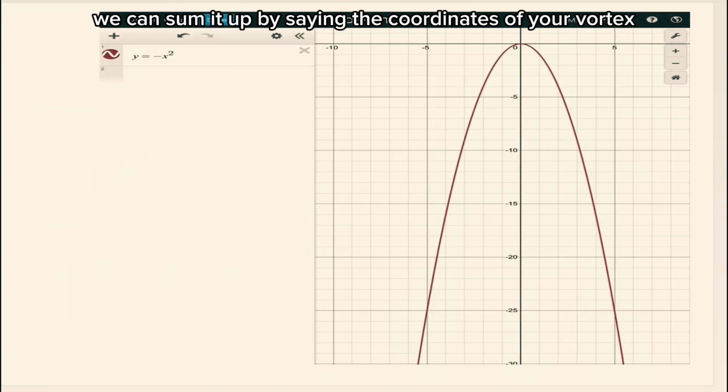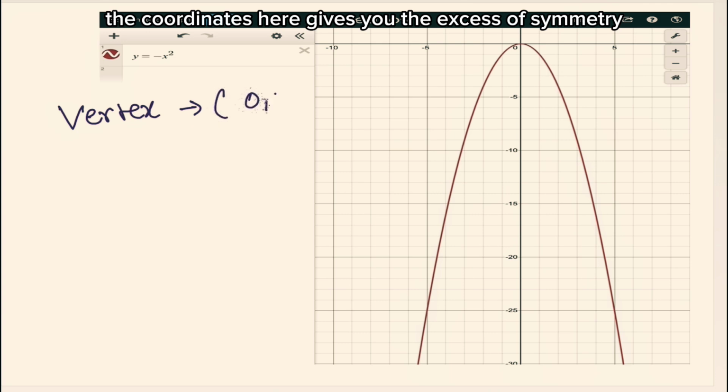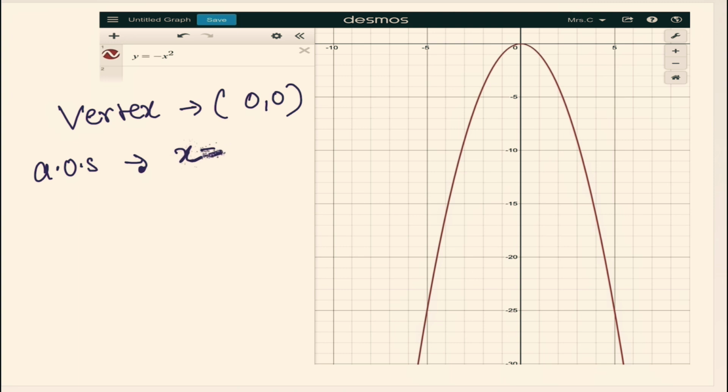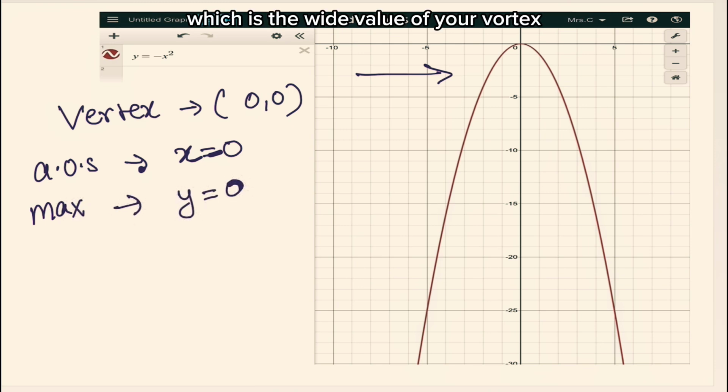We can sum it up by saying the coordinates of your vertex give you the axis of symmetry and the maximum or minimum value, which is the y value of your vertex.